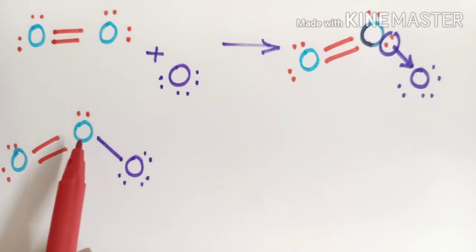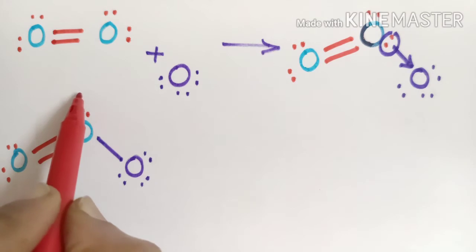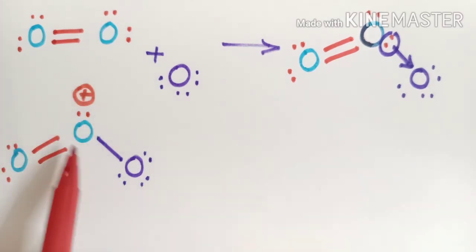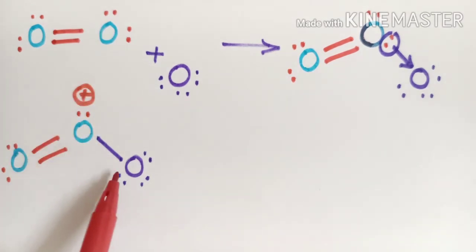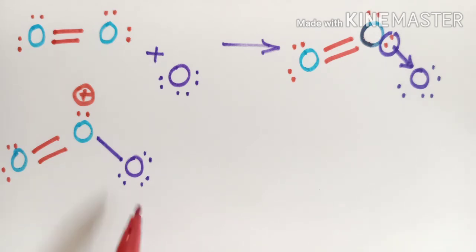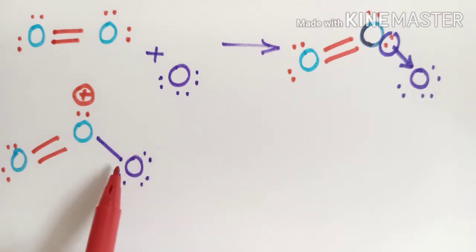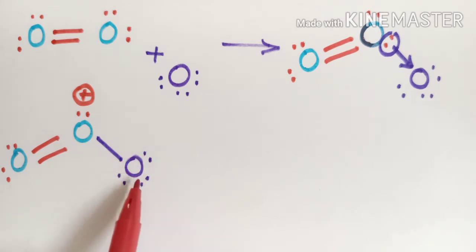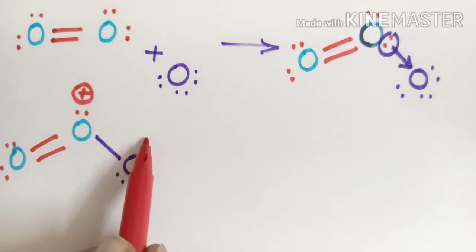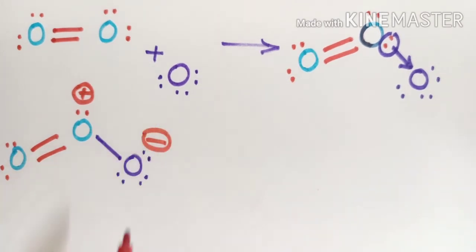With the result, it has a positive charge because it has donated 1 electron permanently to the third oxygen. So when we check the third oxygen, you find that we have a total of 6 electrons around it plus 1, total 7 electrons are there, which gives rise to a negative charge.